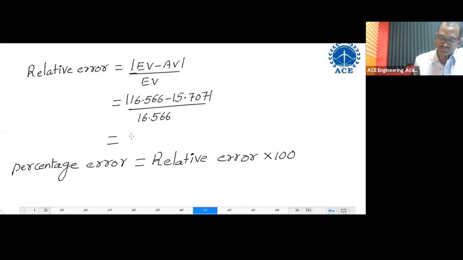0.0518, good. 0.0518 multiplied by 100. Answer: 5.18. Fine, 5.18, good.